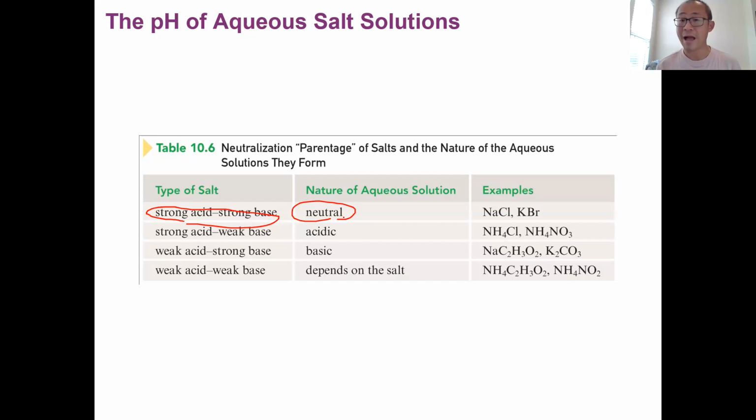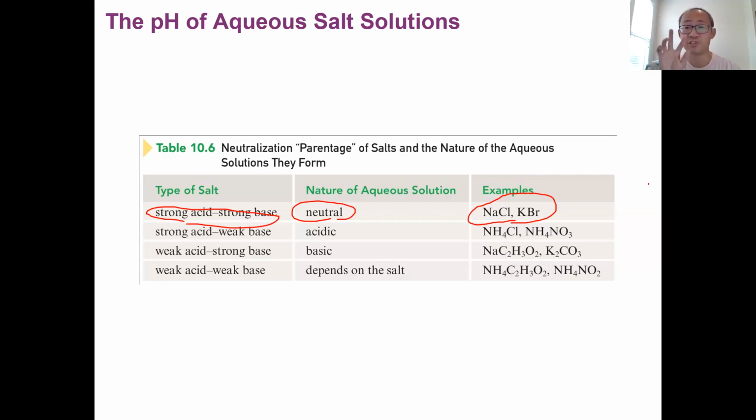Okay, here coming back, when you have a salt that came from a strong acid and a strong base, then the salt solution will be neutral. The examples are these two, sodium chloride and potassium bromide. The reason is sodium hydroxide is a strong base, HCl is a strong acid, potassium hydroxide is a strong base, HBr is a strong acid.